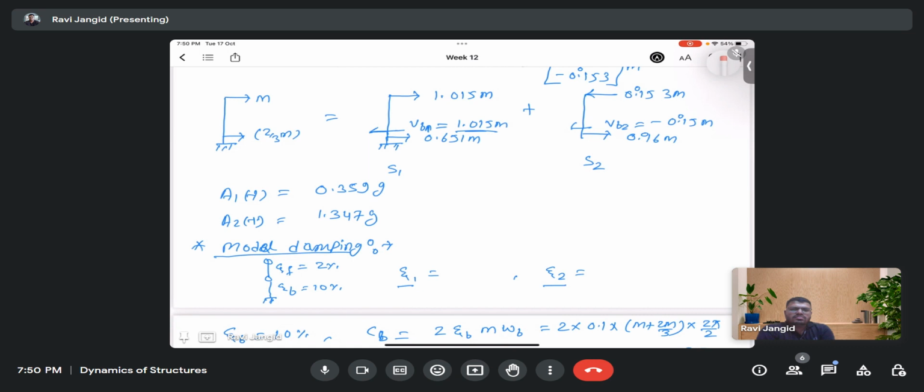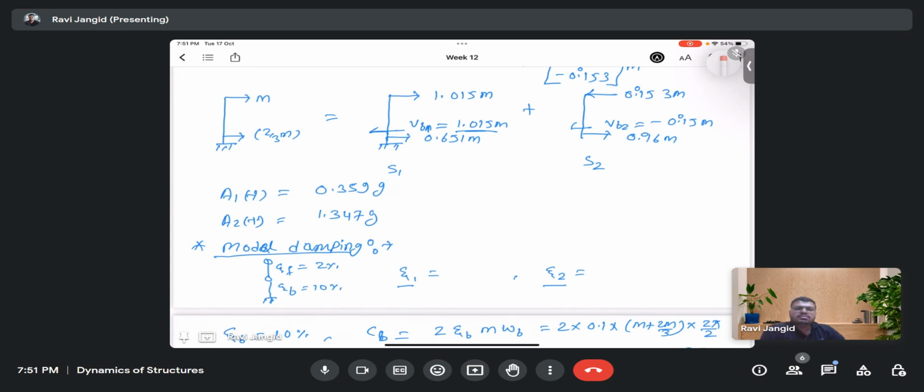This is the two-story frame. We have to find the peak displacement of the first story due to explosion. You have given the solutions.